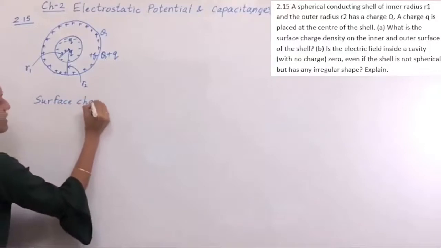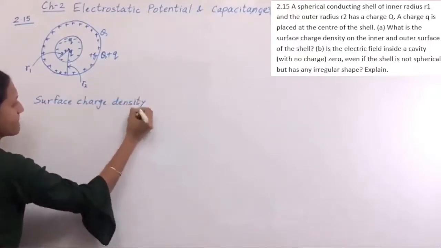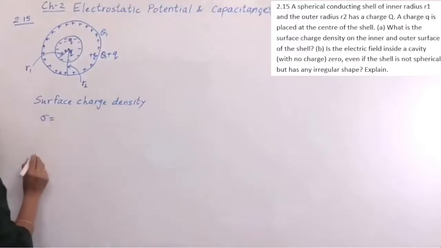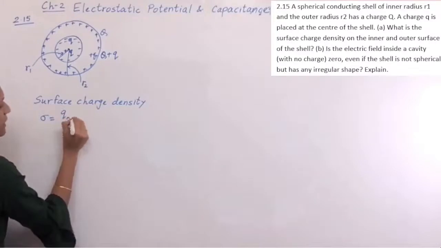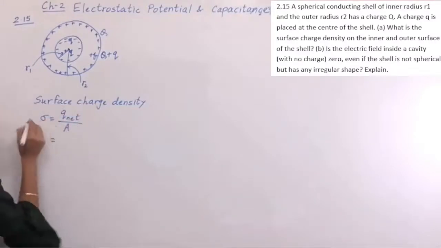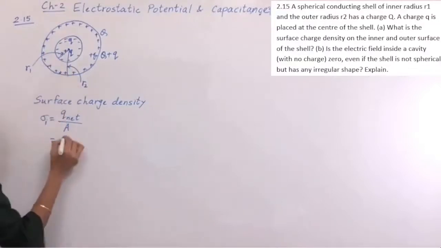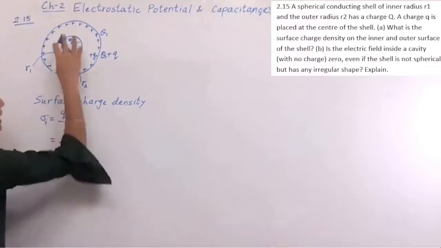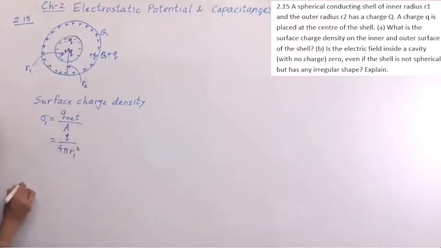Surface charge density sigma equals total charge upon area. On the inner surface, minus q charge is there, upon area 4 pi R1 squared.